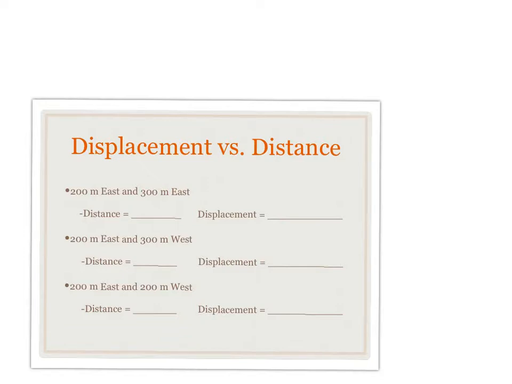So I'm going to say here is my origin, here's 0. Anything to the right is east, and anything to the left is going to be west. So I start at 0, and I go 200 meters east, and then I go 300 more meters east.